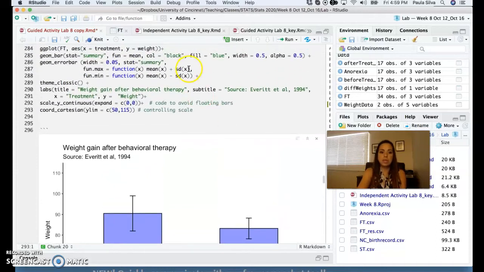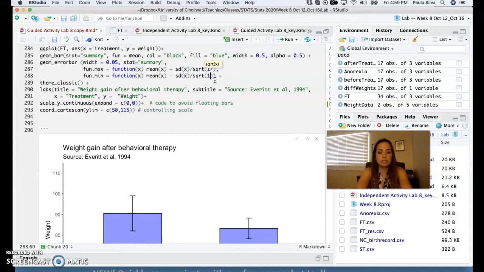The other thing that you can do, again, if you prefer to use the standard error instead, you can do that by doing the square root of 17 in each one of them. But again, not required.